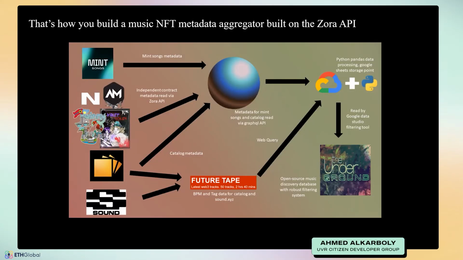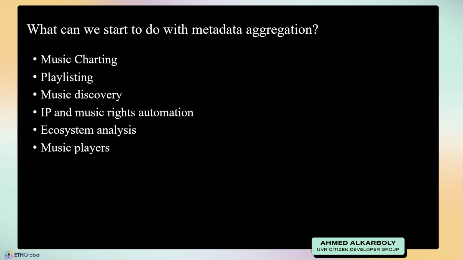I had to do a little bit of integration to get some additional data from Catalog and Sound, specifically BPM and tag from Future Tape. Shout out Anthony from Future Tape. And then I used Python to orchestrate all this and pushed it to Google. And then I had a repository with BPM and tag data and artist name, artist profile.